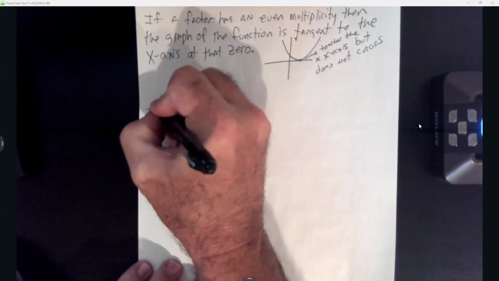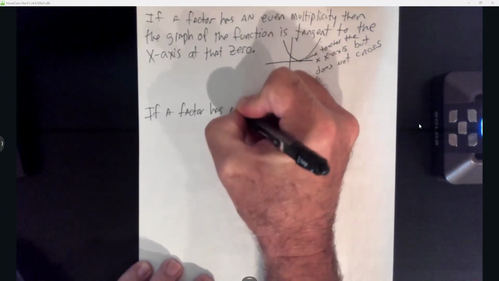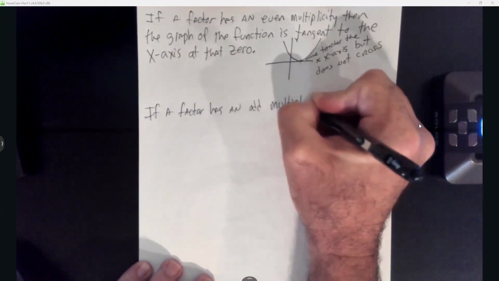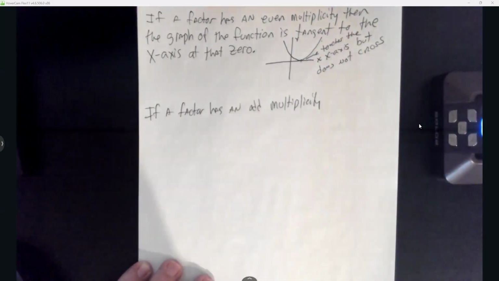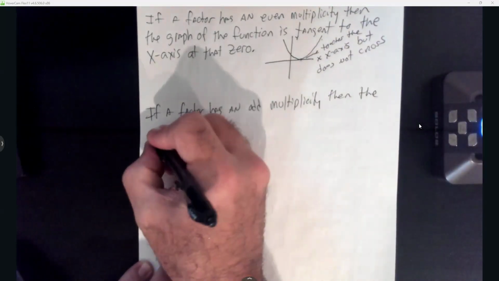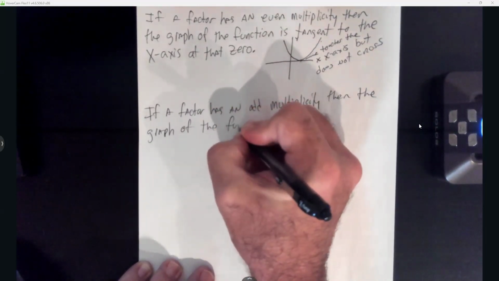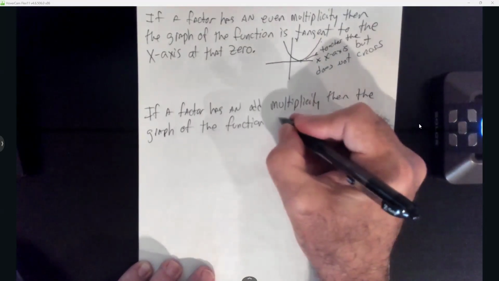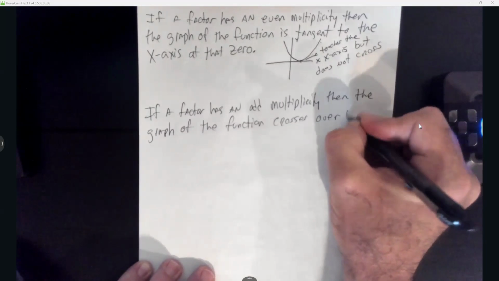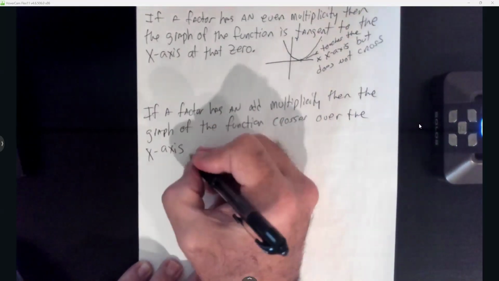Now, if a factor has an odd multiplicity, so it's odd, then the graph of the function crosses over the x-axis at that zero.